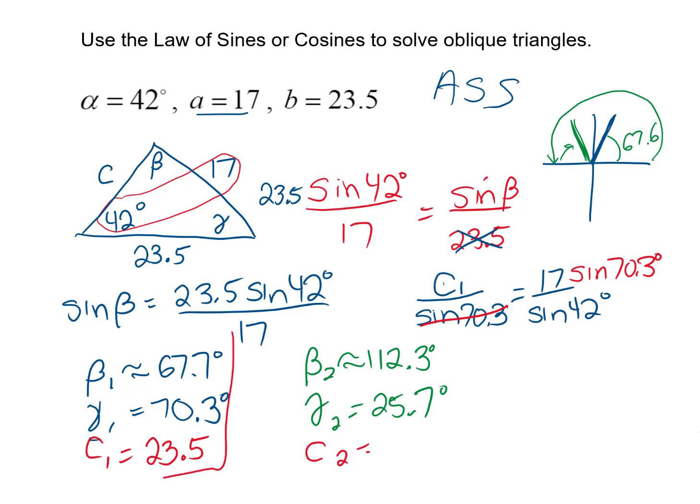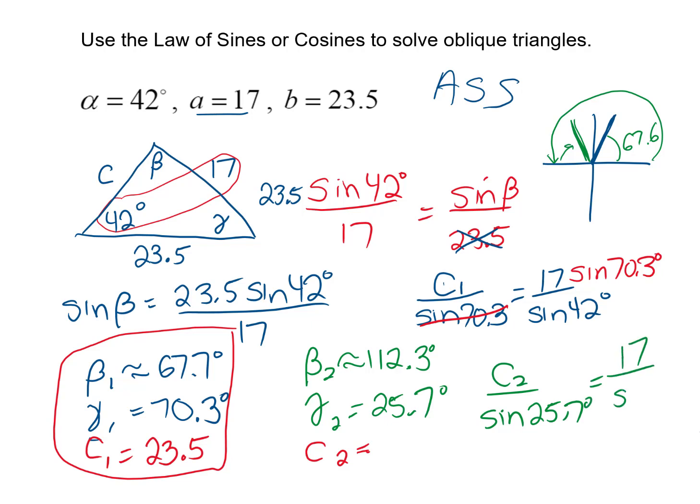Now the last thing we need to find, and we've got both triangles found, is C2. This is the answers for triangle 1. And now to find triangle 2, we need to set up the law of sines, and we're going to have C2 over sine of gamma 2, and that gamma 2 is 25.7, and then we still have our 17 over sine 42.